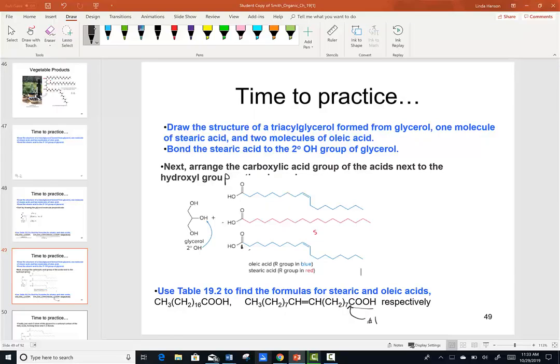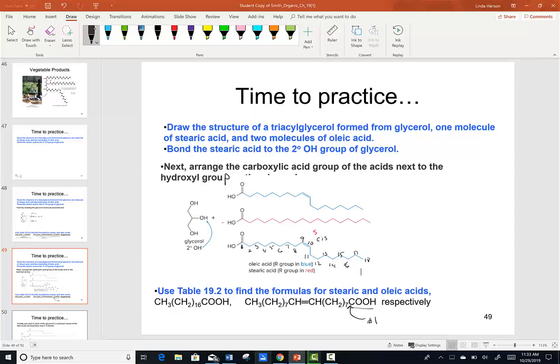And now when I count 2, 3, 4, 5, 6, 7, 8, double bond between 9 and 10 in the cis conformation. And then we go 11, 12, 13, 14, 15, 16, 17, 18 carbons all together.